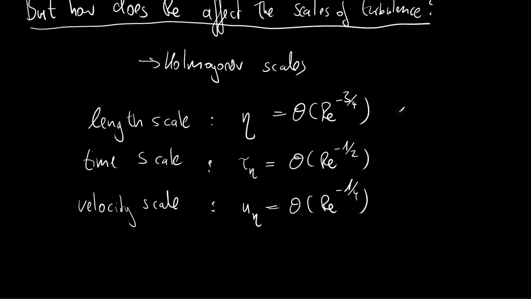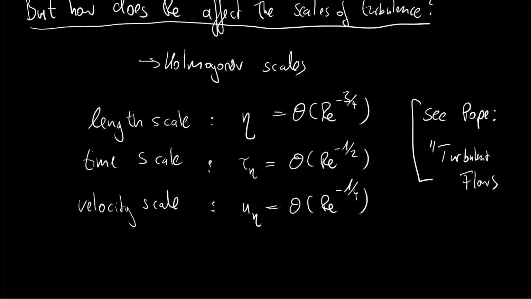And if you want more details on why these numbers pop up, I would recommend you look at the book by Pope, which is a classical reference, just titled Turbulent Flows. So it's now interesting to see how large and how fast these smallest eddies, these smallest scales, are. How does this affect our computation?